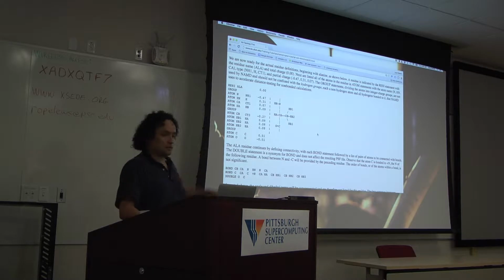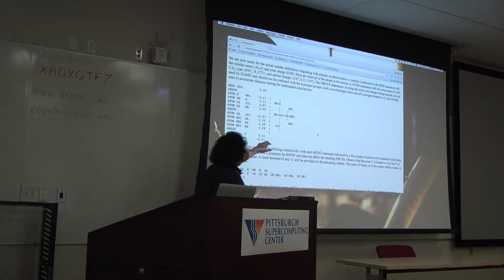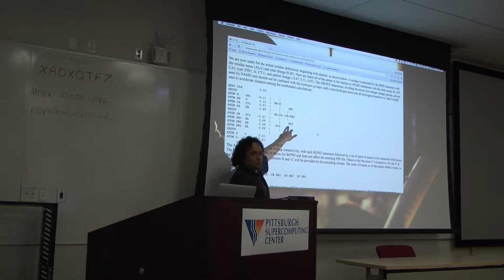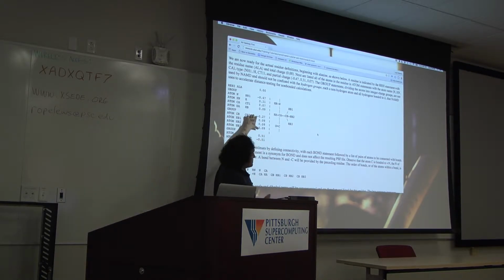What's the meaning of partial charge? Is it the effective charge? Each atom is assigned a charge, and the total charge of this group is 0. The partial charges are assigned in such a way that the total charge is 0.